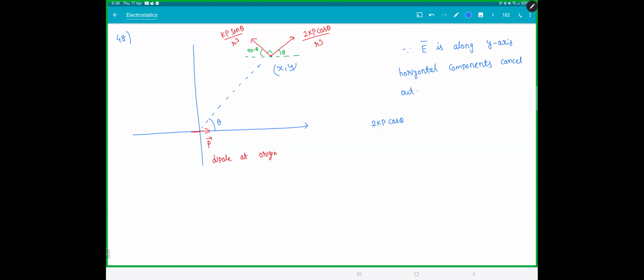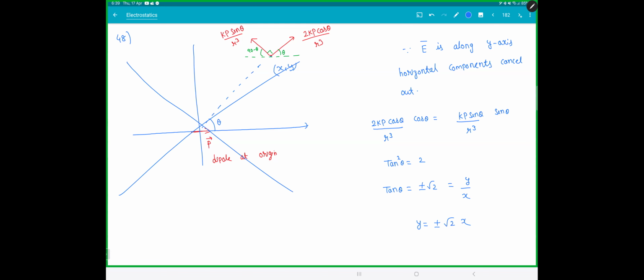So we get 2p cos theta by r cube. Cos theta will be kp sine theta by r cube. Sine theta. You get tan square theta is equal to 2. Tan theta will be plus or minus root 2. Tan theta is nothing but y by x. It is actually a straight line. There are two straight lines. So if you draw a straight line passing through the origin like this, two lines, on all these points on this line, the field will be in the vertical direction. There will be no x component.